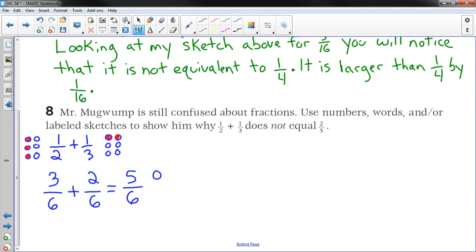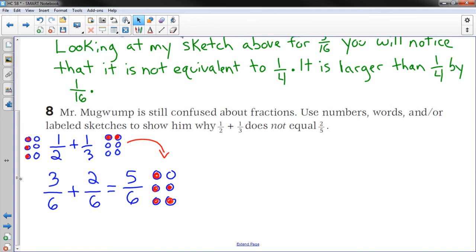And I could also put a visual there. That's a sketch. And then I could circle these in. Okay. That would totally explain it. I use numbers. I don't really have words in there, but I have numbers. I have a labeled sketch.